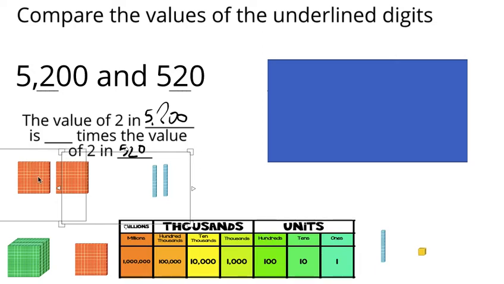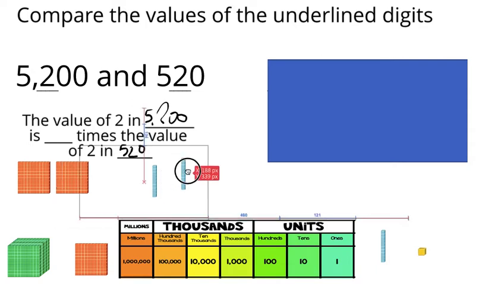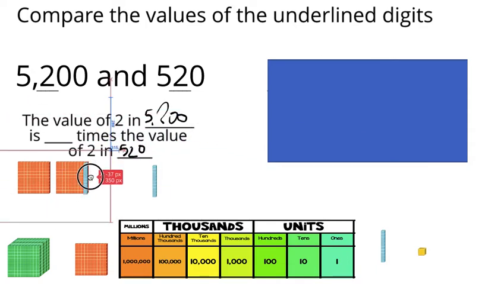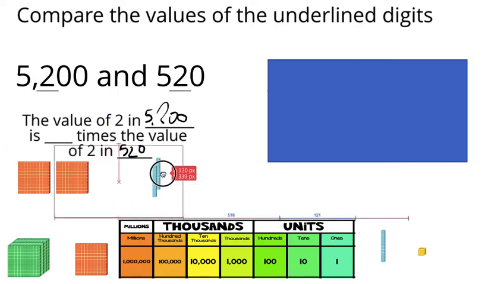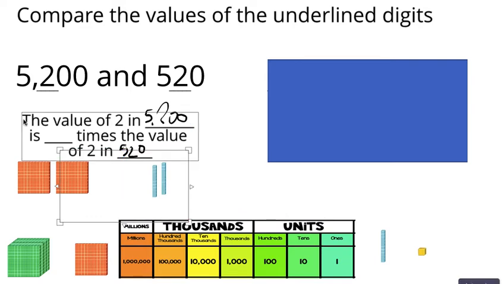Well, when you think about it, one is the hundreds and one is the tens. How many tens do I fit in a flat or in 100? There's 10, right? So that means that this is going to be 10 times greater because there are 10 longs that you add in to make another flat.